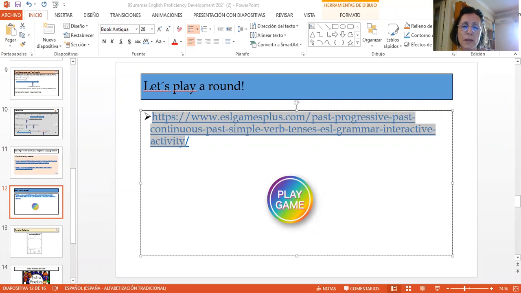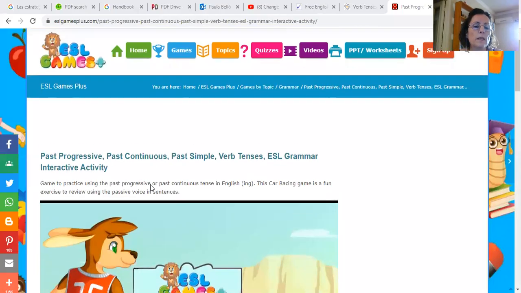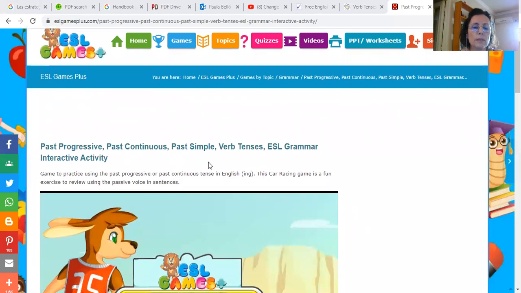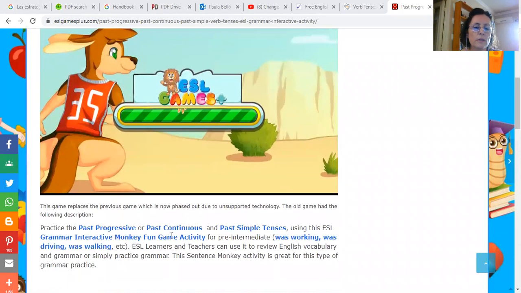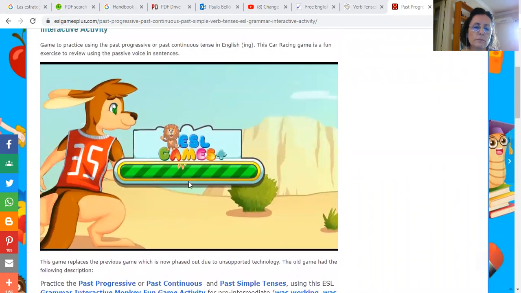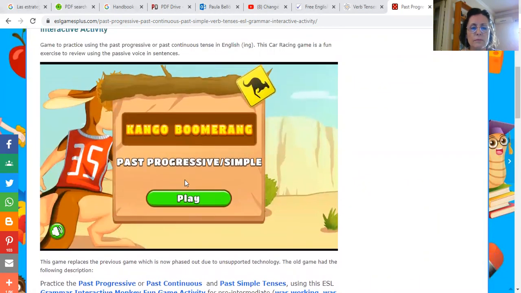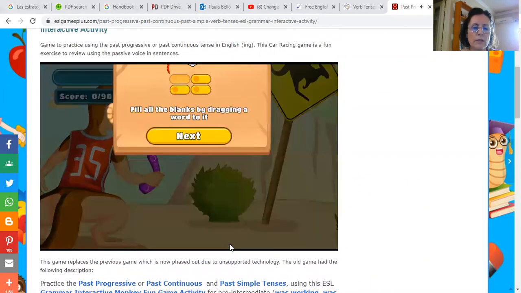Whenever you open these pages with the games, you have as well other games that you can play in the same page. So you can also revise past progressive, continuous, past simple, but you also have other verb tenses.